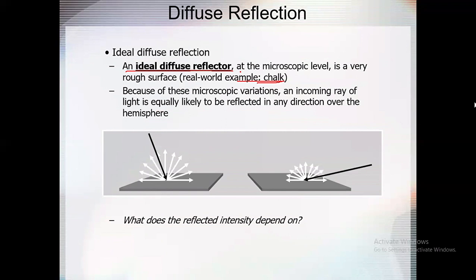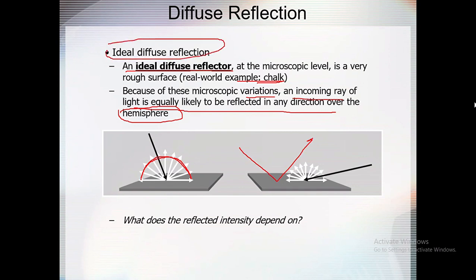Because of this microscopic variation, an incoming ray of light is equally likely to be reflected in any direction over the hemisphere. So this is the hemisphere. All directions it will reflect, not in the same direction. Without diffusion it would be reflected that way, but because of the ideal diffusive reflection, it will not reflect that way. It will reflect over that hemisphere in all directions.